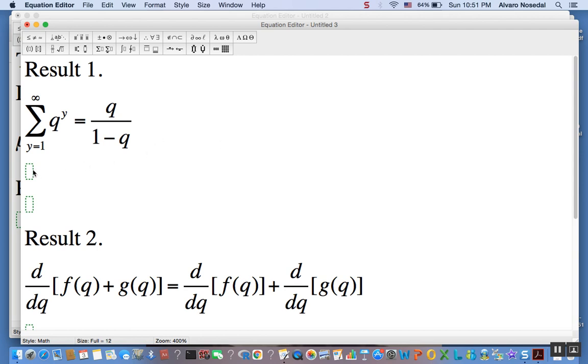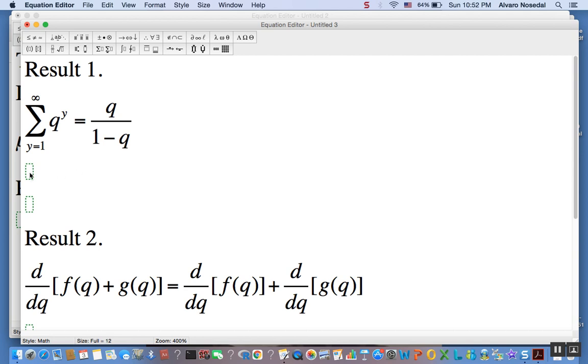So the first result has to do with series. Okay, so what we have is that the sum of q to the y power, where y goes from 1 up to infinity, is going to be q divided by 1 minus q.